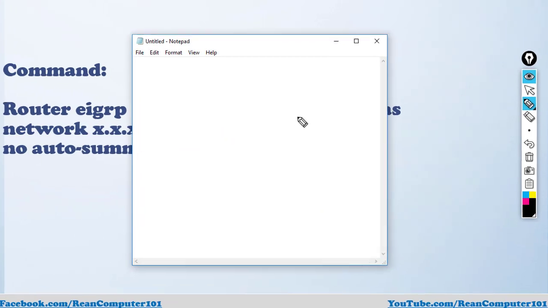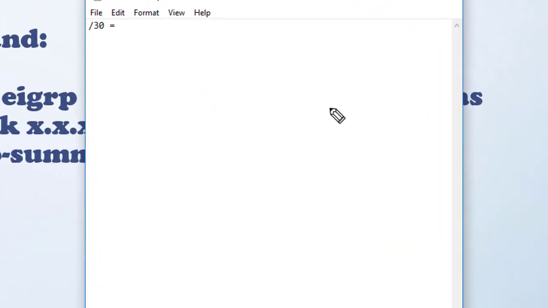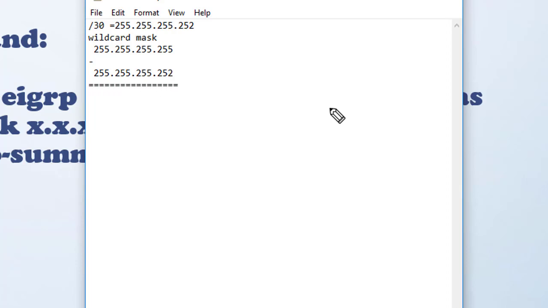This is the /30 here. /30 is equal to 255.255.255.252, and for the wildcard mask, we subtract it from 255.255.255.255. 255.255.255.255 minus 255.255.255.252 is going to equal 0.0.0.3.